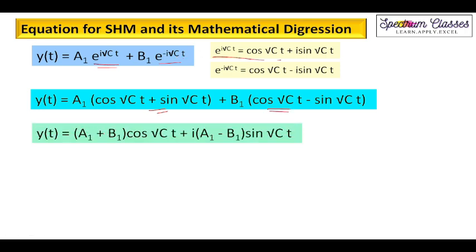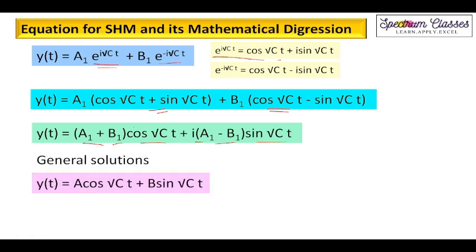Now I'm just going to separate it. On separation, I will get (a1 plus b1) cos under root c t plus i (a1 minus b1) sin under root c t. So this is our equation on further solution. Now I can have the general solution which we have taken in the previous slide: y(t) is equal to a cos under root c t plus b sin under root c t.